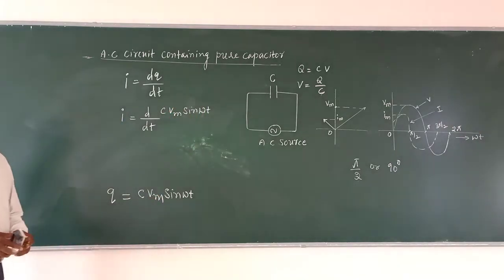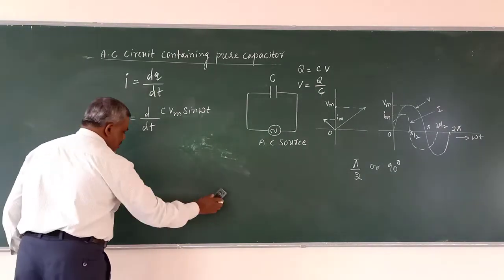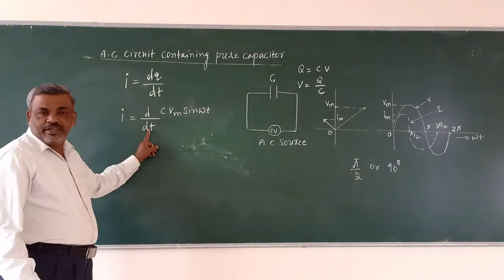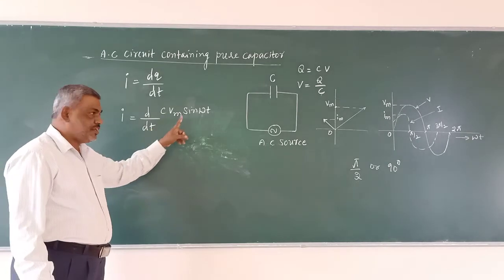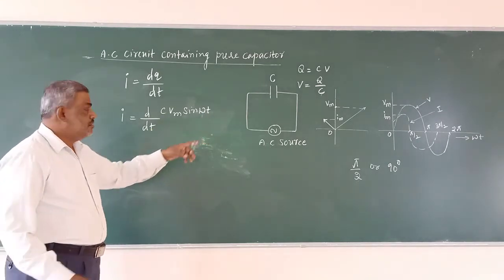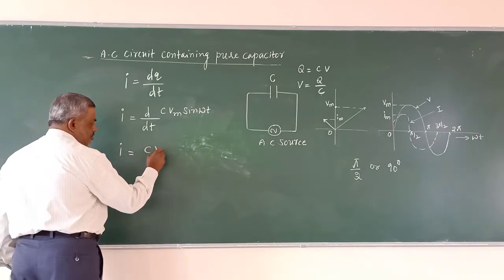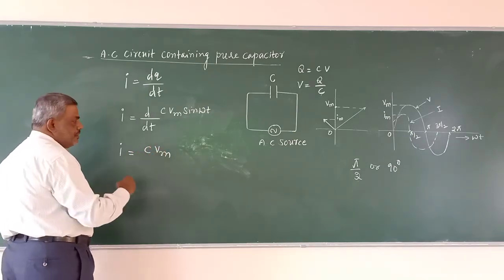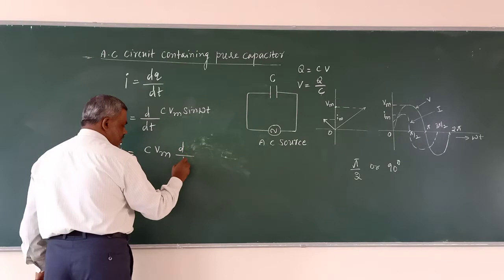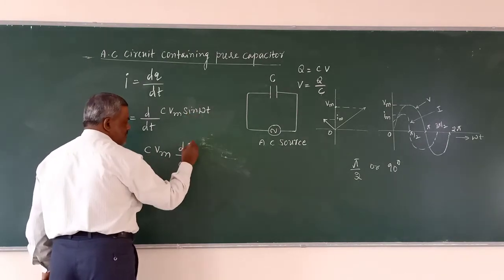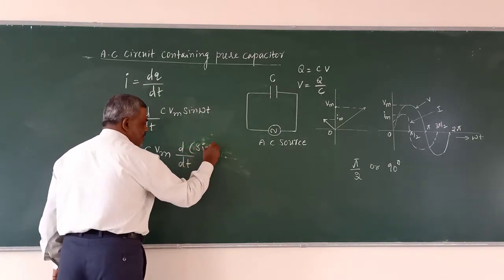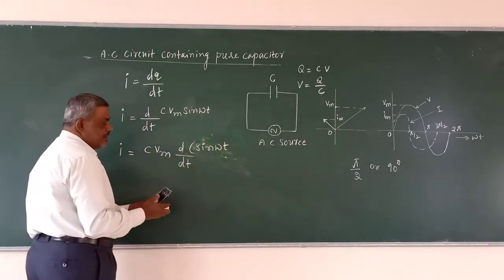Applying differential calculus, differentiating with respect to t, I equals C Vm, a constant, times d by dt of sin omega t.